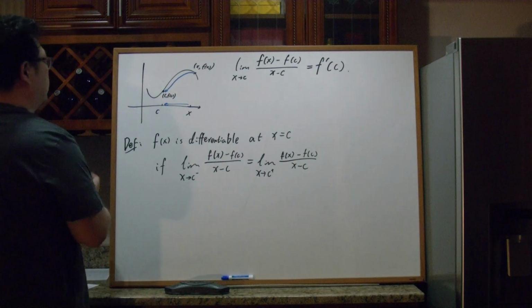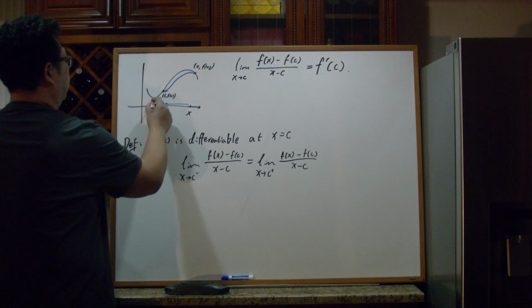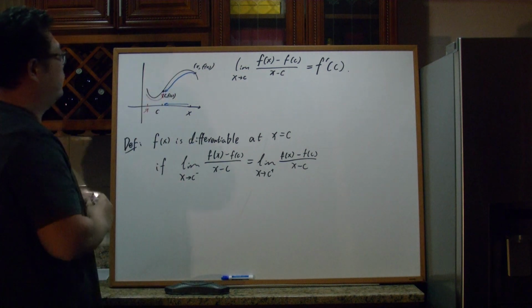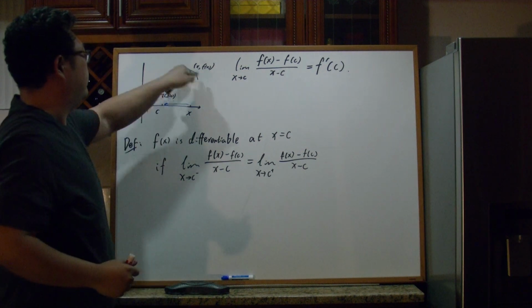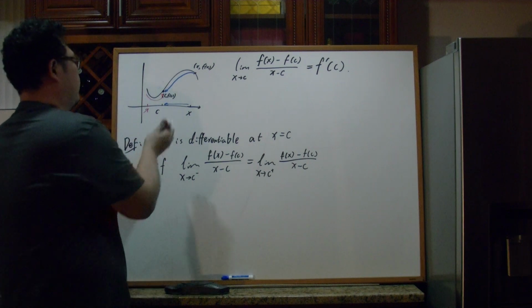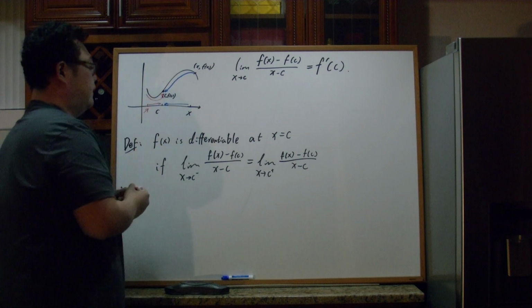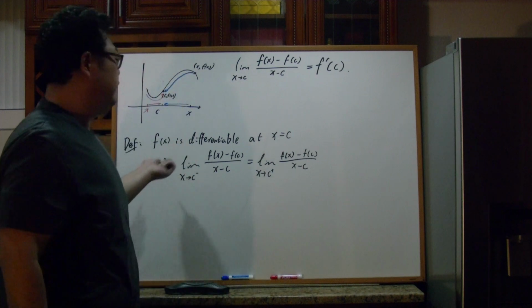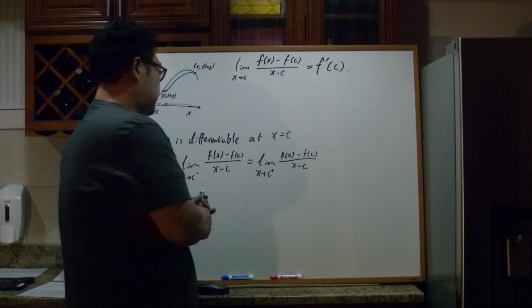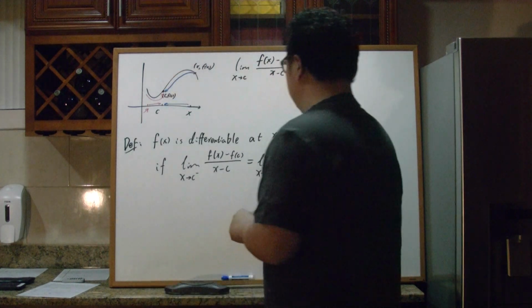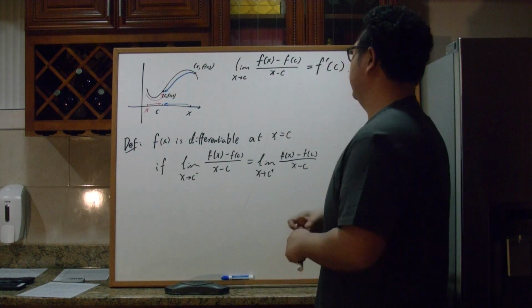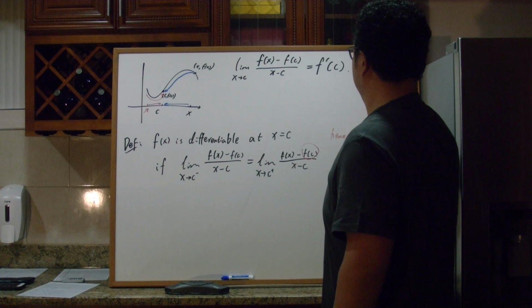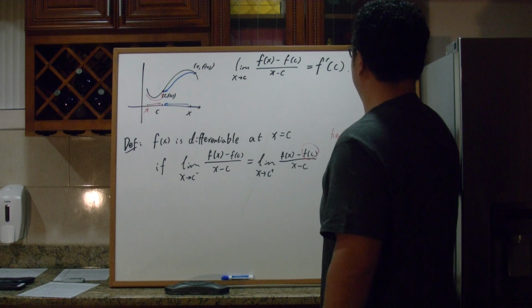Which means x could approach c arbitrarily from the left side. And when you approach with the difference quotient from the left and from the right, they yield the same value, then we can see the derivative exists. But basically, we can see f of c needs to be defined.